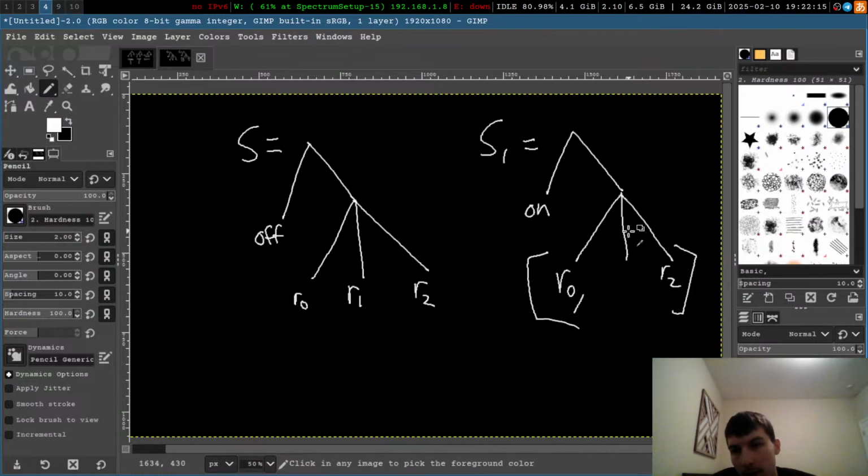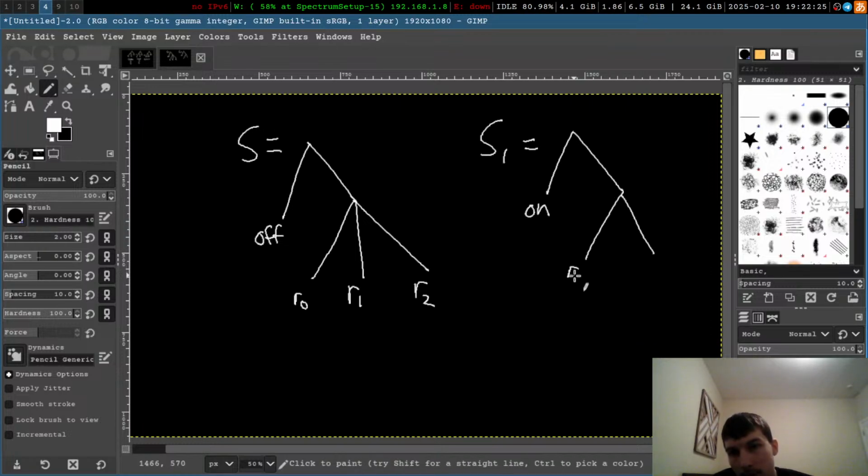So I think what's going to end up happening is we have R0, and then we have R2, and I'm not really sure what has to happen here. There's going to be a discrepancy between these two, maybe, because this is not R1, this is R2, and this doesn't exist, right?